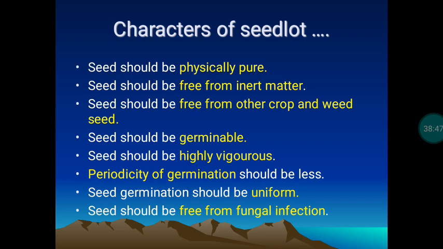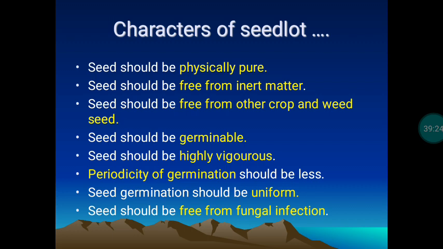Then during the maturity period you will have a crop at different stages of development. At that time you will be in trouble: whether to wait for the remaining crop to attain maturity, or to harvest. If you harvest, you can harvest only 50%, and the yield will be obtained only from the seed at maturity. A crop at the flowering or vegetative stage won't give you any yield. So there will be a yield loss. Because of that, seed germination should be uniform. That is another quality parameter.